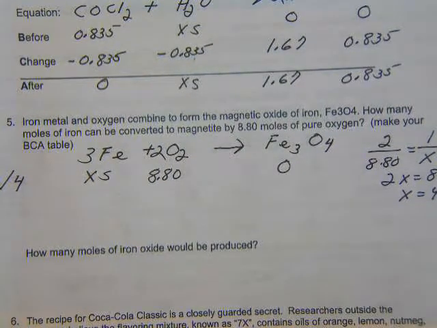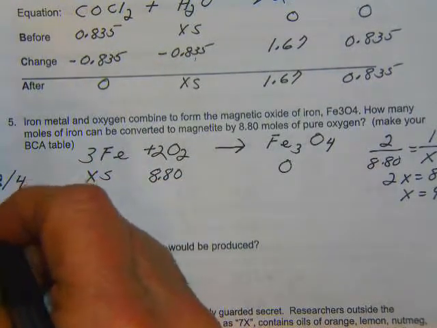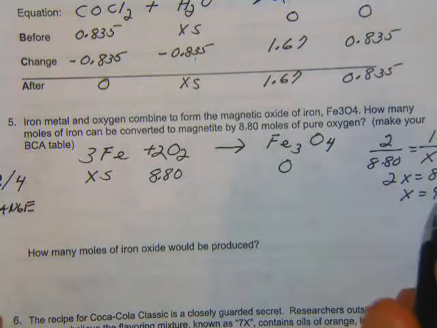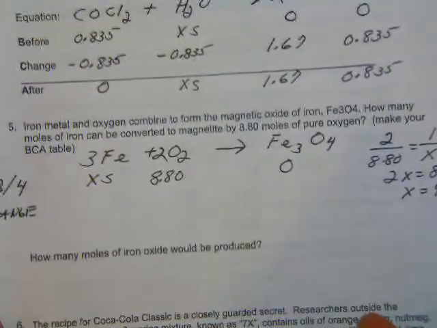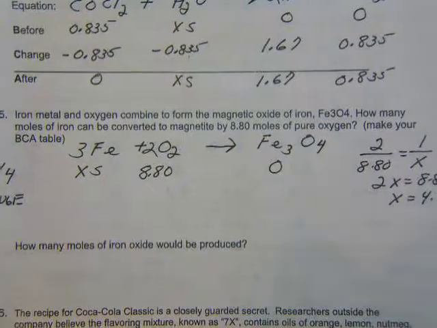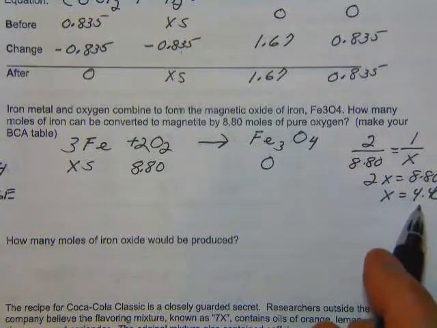So we have that. Let's do our change. Well, we have to burn up 3 moles of iron, and we know 1 mole is 4.40.